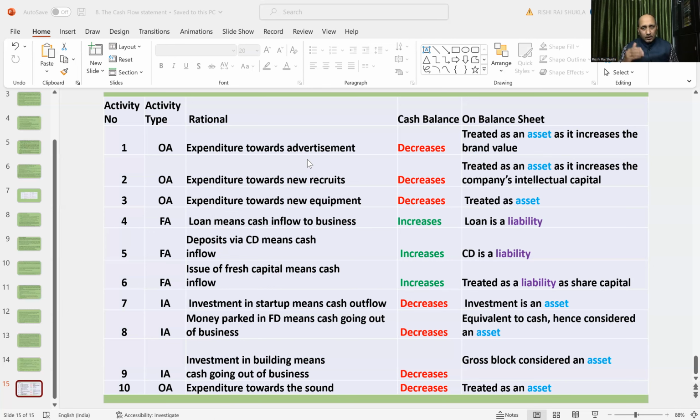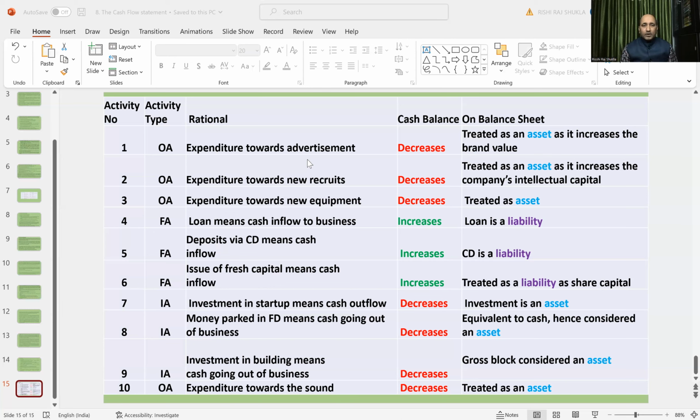So it is cash increasing, but a loan is a liability. Deposit via CD means cash inflow. This is also increasing cash, but CD is a liability because we have to repay whatever cash we have received through the certificate of deposit.